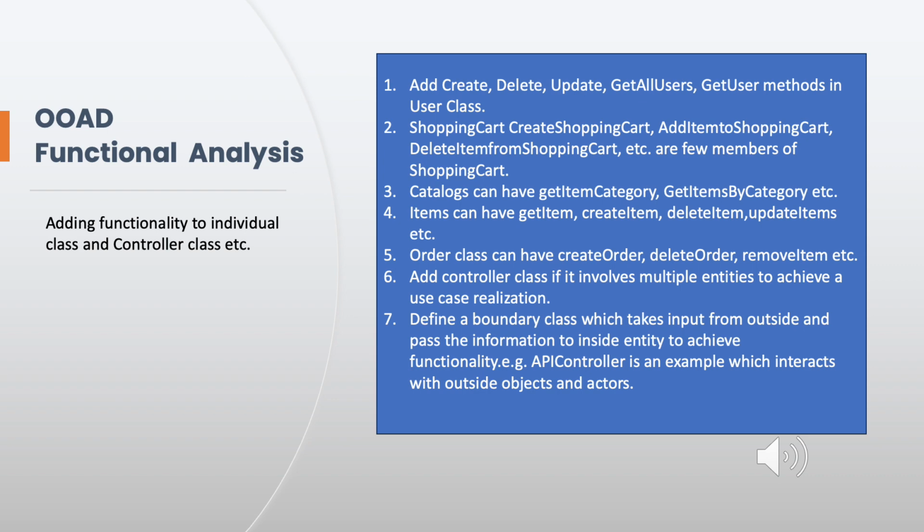Shopping cart can have create shopping cart, add items to shopping cart, delete item from shopping cart, etc. In this way, try to identify the different functionality of classes and keep it together. If multiple entities are involved to achieve a use case realization, add a controller class. Define a boundary class which takes input from outside and passes the information to the inside entity to achieve the functionality.